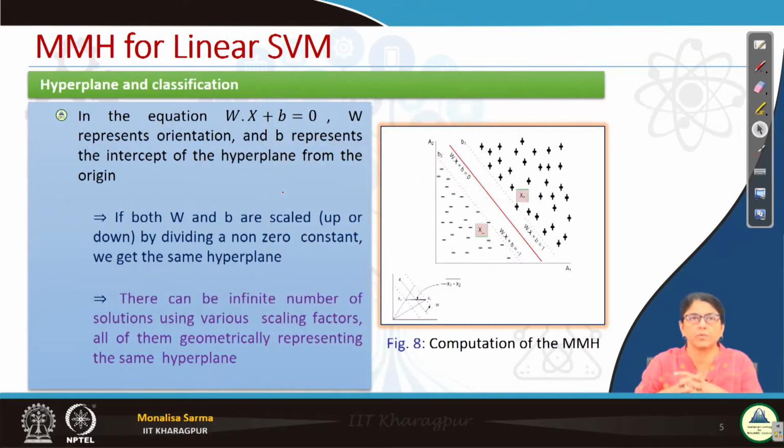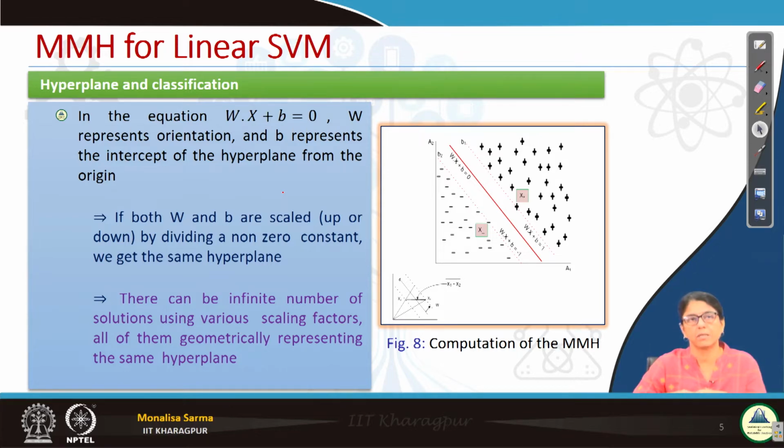Now in the equation Wx plus b is equal to 0, what does W represent? W represents the orientation, and b represents the intercept. For any straight line, like y is equal to mx plus c, what happens if we scale it up or down by multiplying or dividing by a non-zero constant?